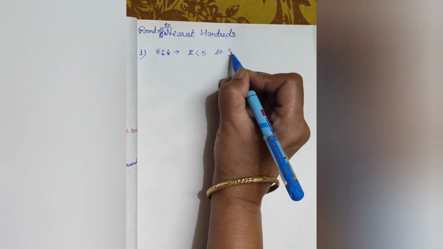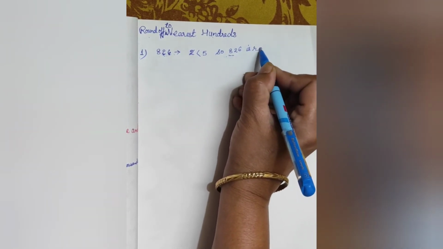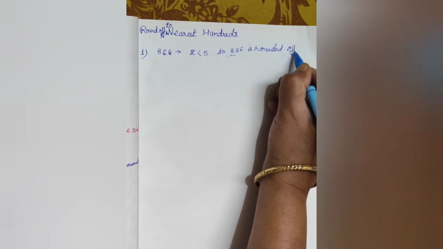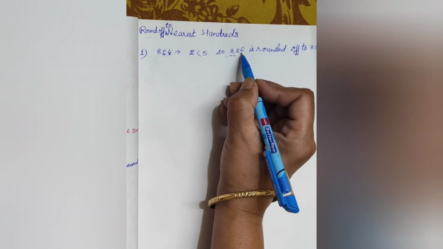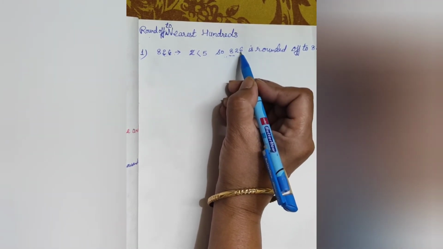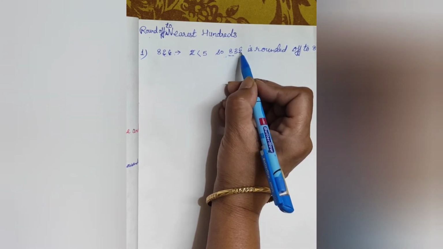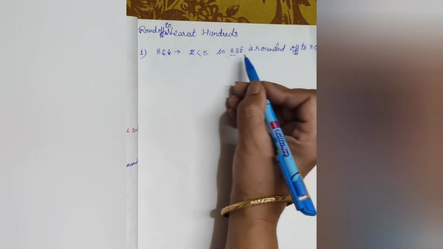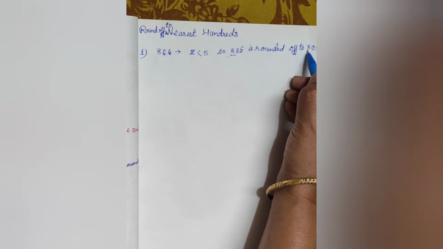So 826 is rounded off to 800. According to the rule, the ones and tens place digits are replaced by 0 and the other digit remains the same.